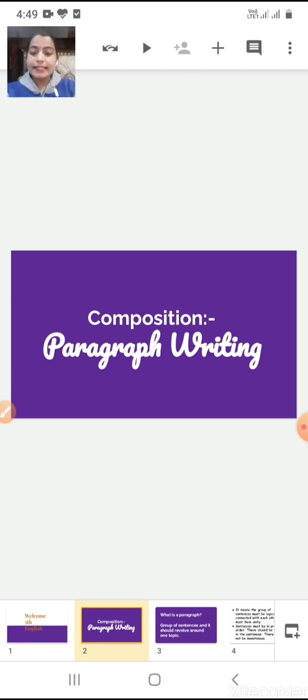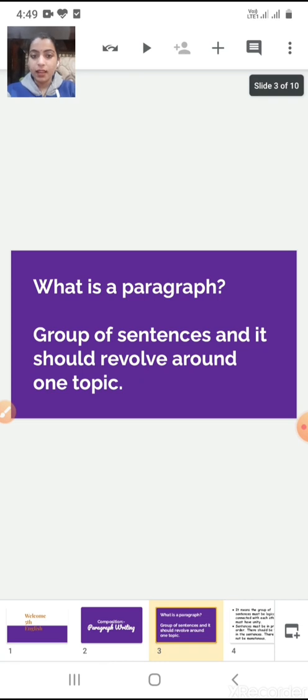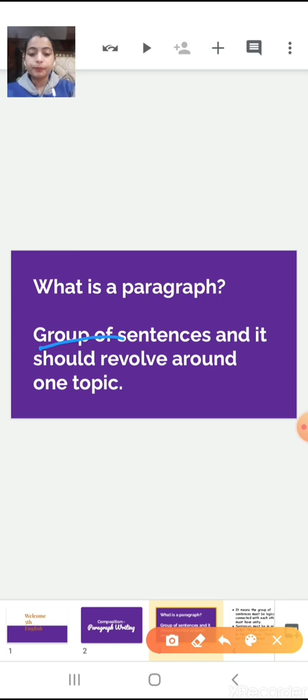Group of sentences. And it should revolve around one topic. When we are writing a paragraph, it should have a topic, right? And we will write the paragraph on that topic. So a paragraph is a group of sentences.